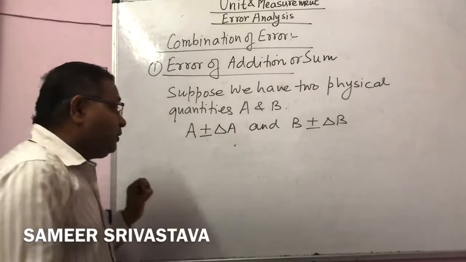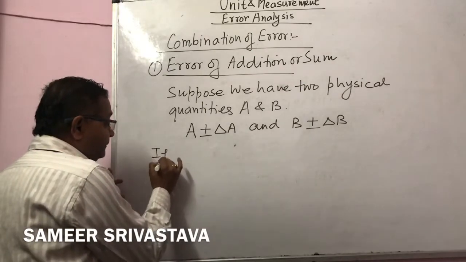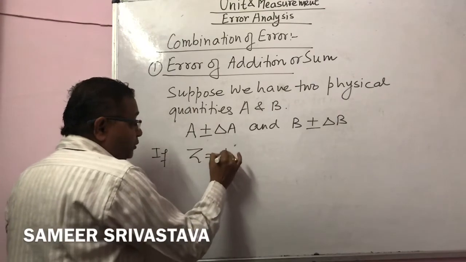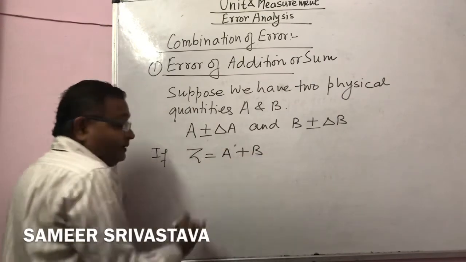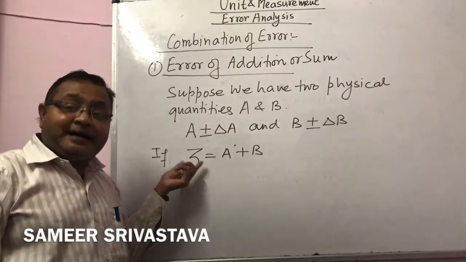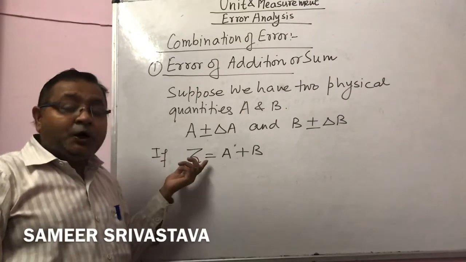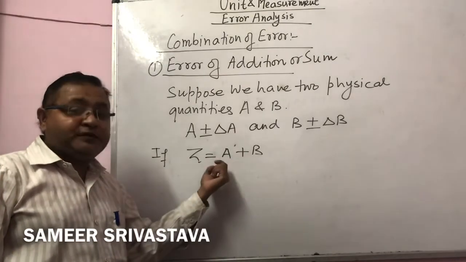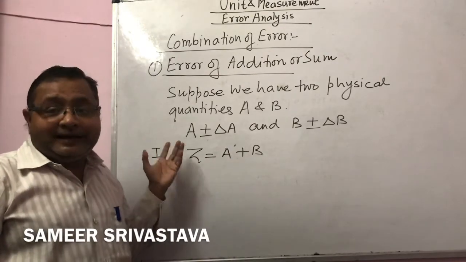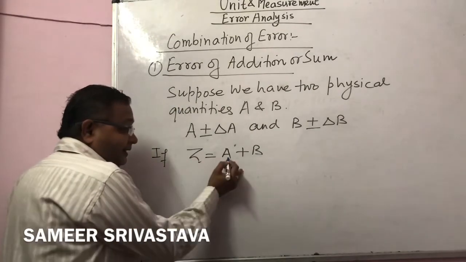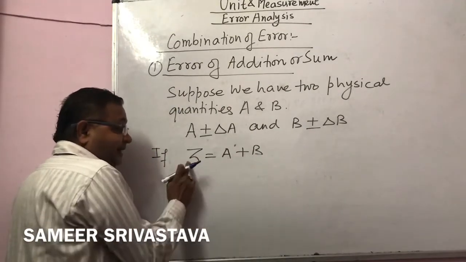Now if I take another quantity in their combination, Z is equal to A plus B. When we add these 2 physical quantities, we get the summation as Z, and we have to find how much the error is after addition of these 2 physical quantities.